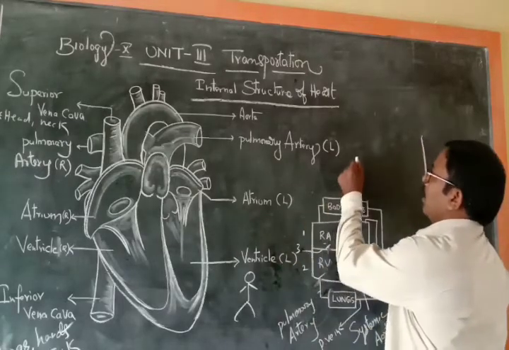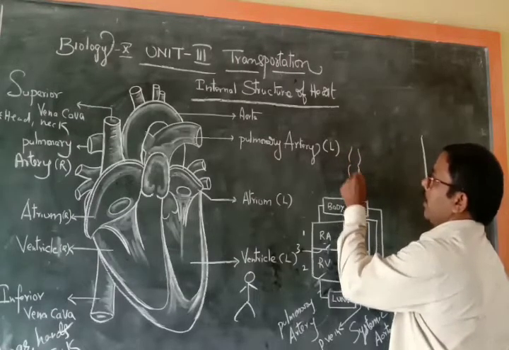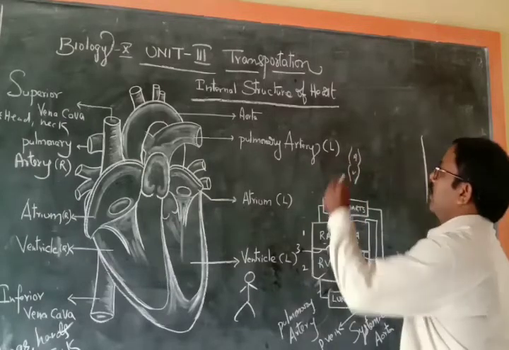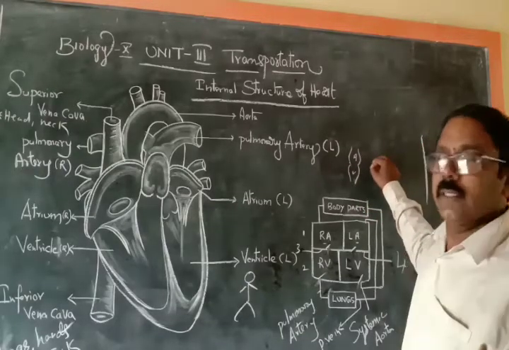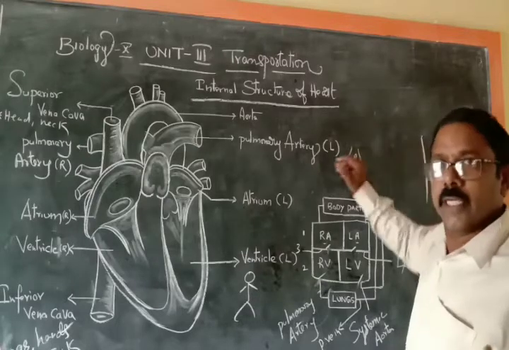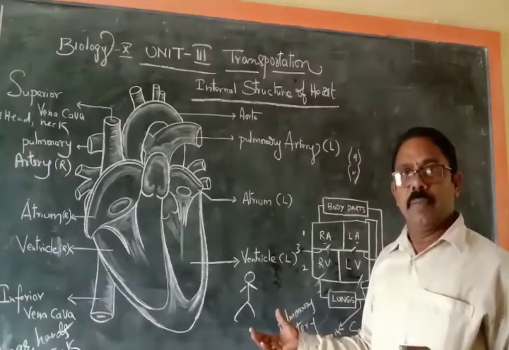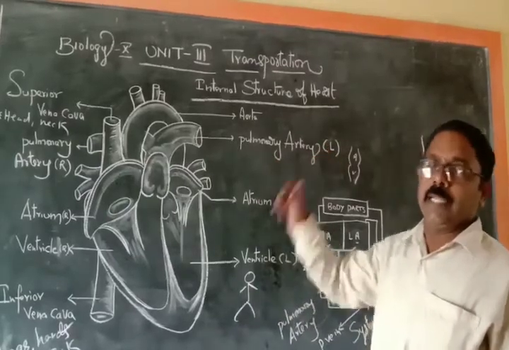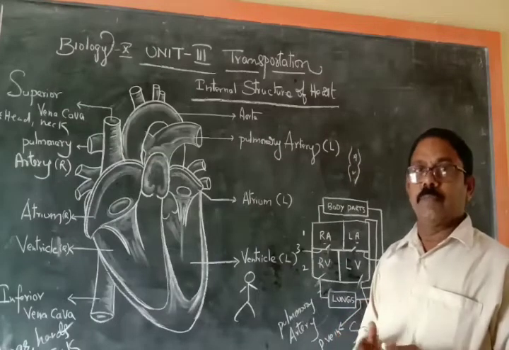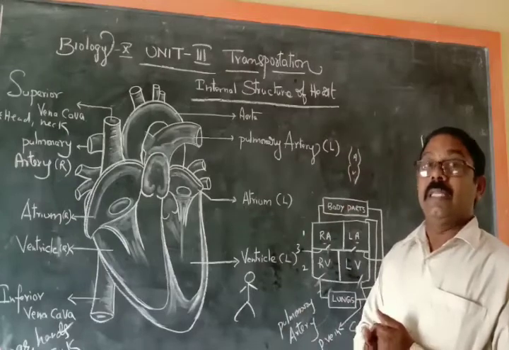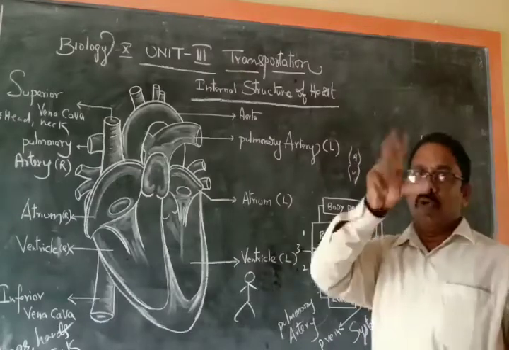The heart is of this kind, with an auricle and a ventricle. Blood flows from the auricle to the ventricle and then to the gills. The gills are the respiratory organs of fishes, where the blood is sent for oxygenation. So there is only one rotation.